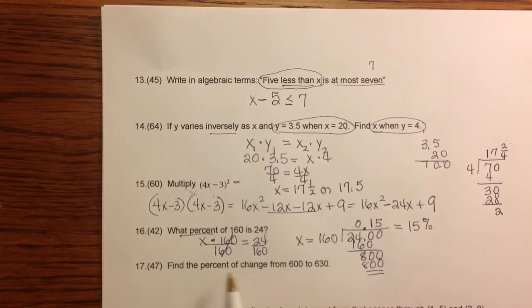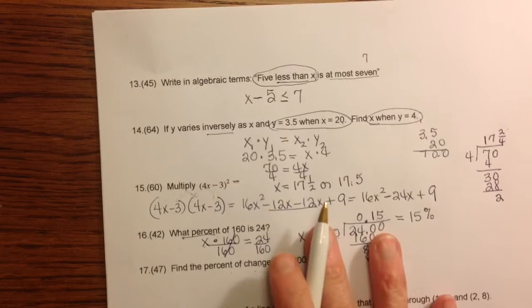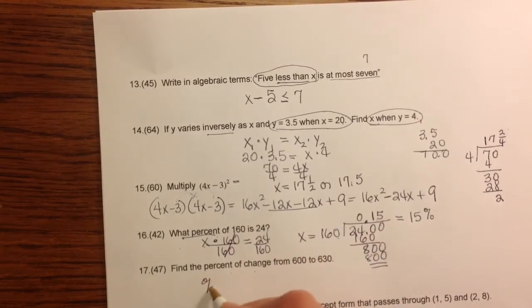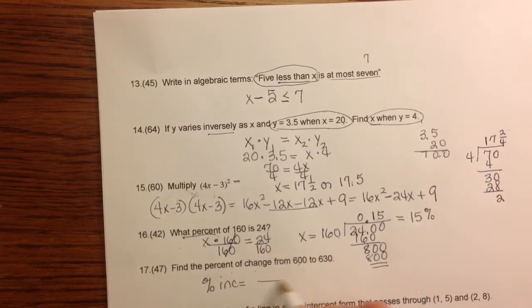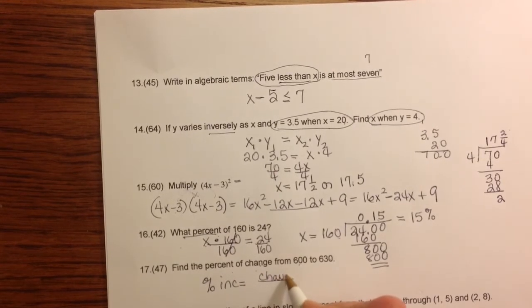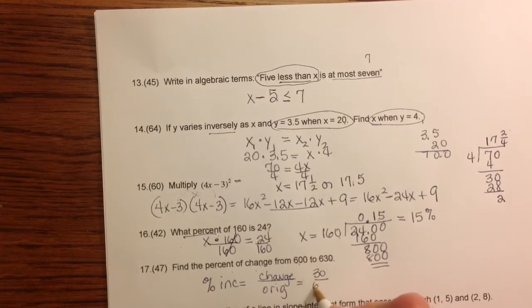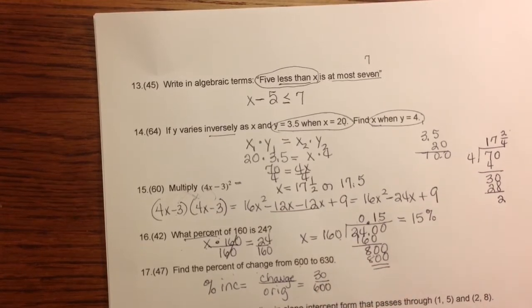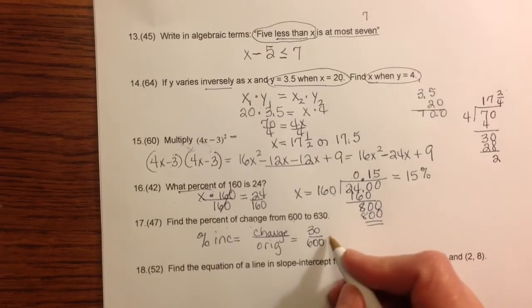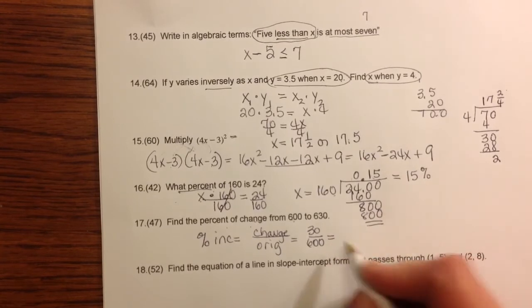Find the percent of change from 600 to 630. Okay, percent change, and in this case we're going up, an increase, is the change over the original. So the change from 600 to 630 is 30. The original is 600. Now you can reduce it and then write it as a percent. I'm just going to go ahead and divide. I'll do it over here.